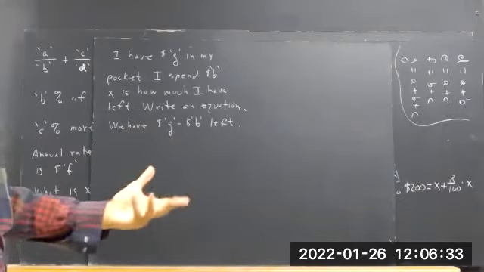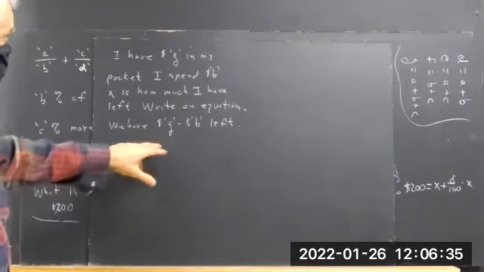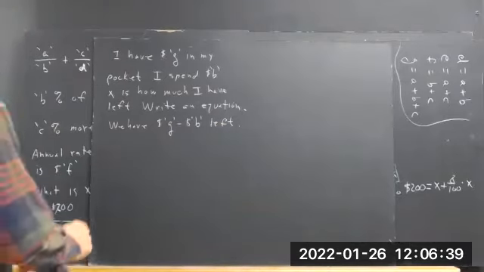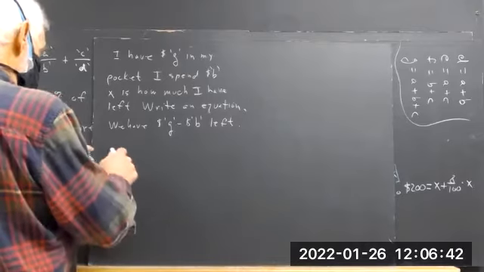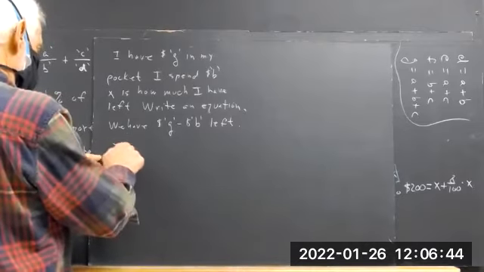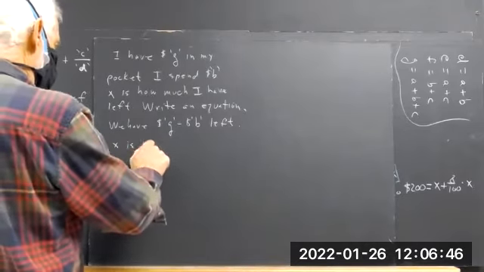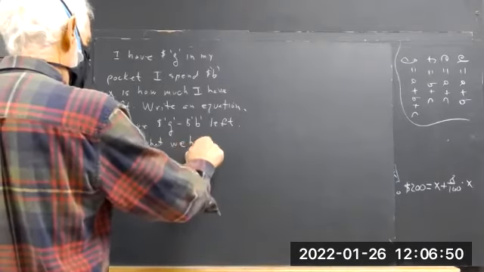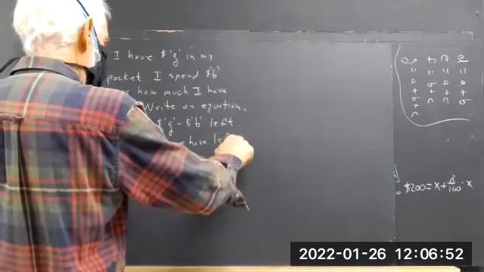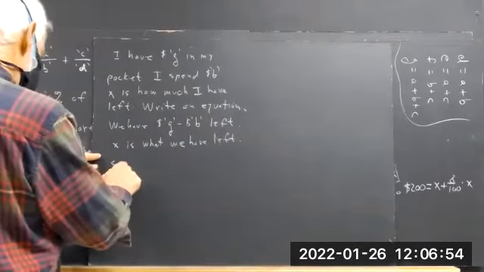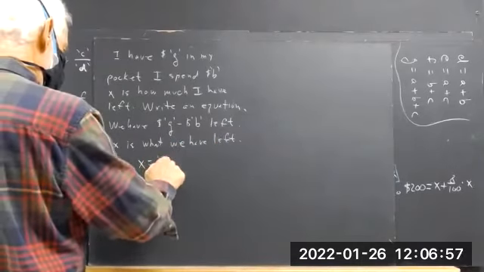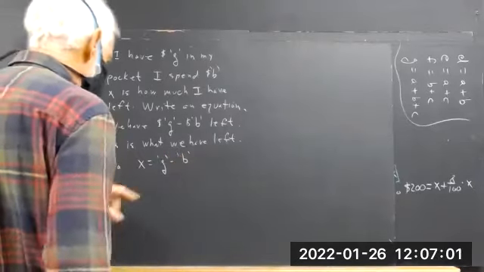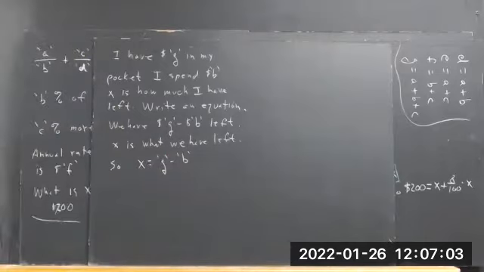Or if you use your numbers, 16 minus 8 or whatever, okay? X is what we have left. So X would be G minus B.